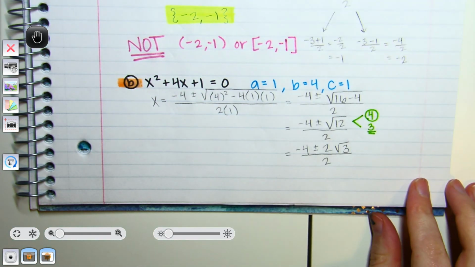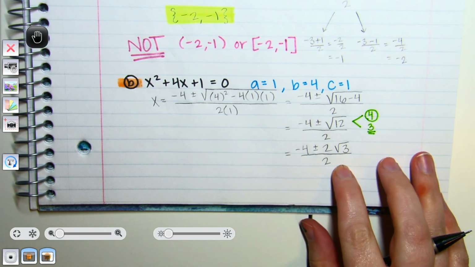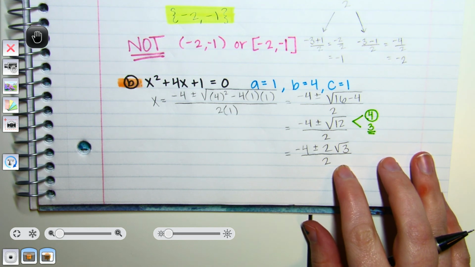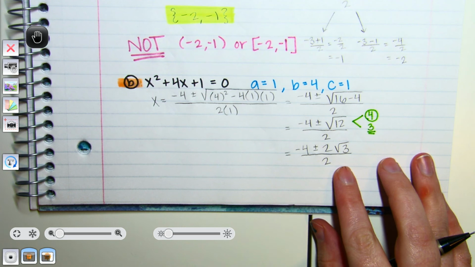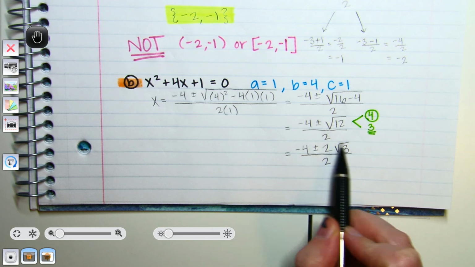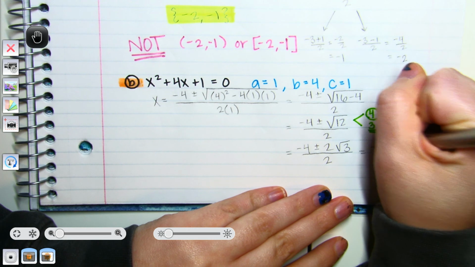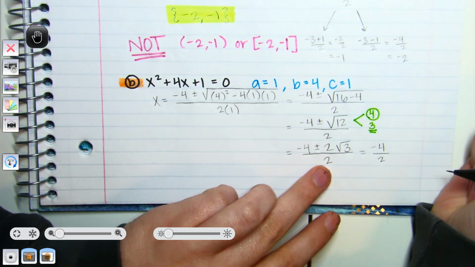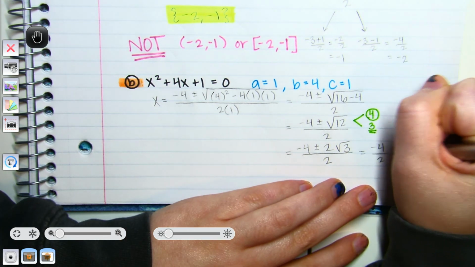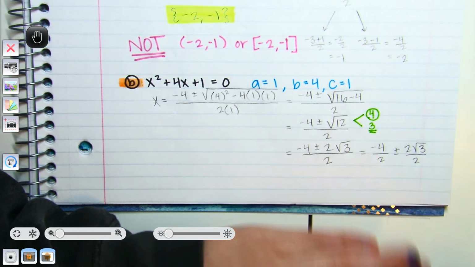Now, this is where it gets a little bit tricky. A lot of people will leave their answer like this. Technically, if you plug it into a calculator, it's correct, but it's not fully simplified, and we need to fully simplify it. So having this addition and subtraction divided by a number, this is like saying -4 over 2, the denominator, plus or minus the 2 rad 3 over 2.